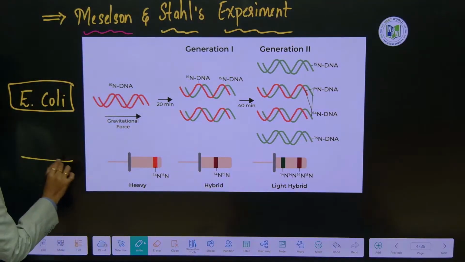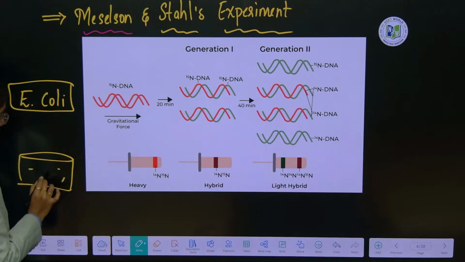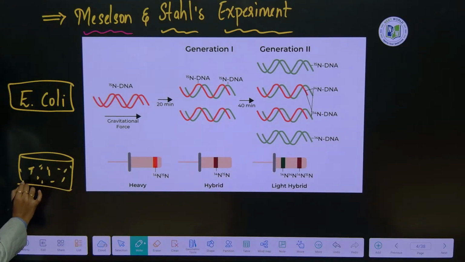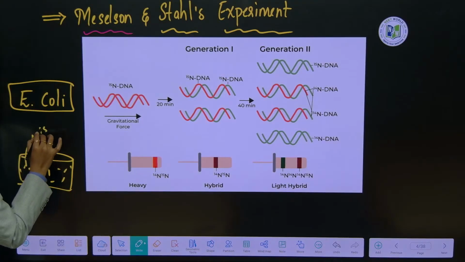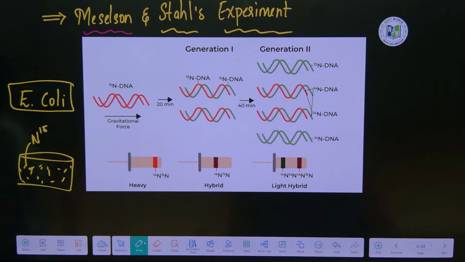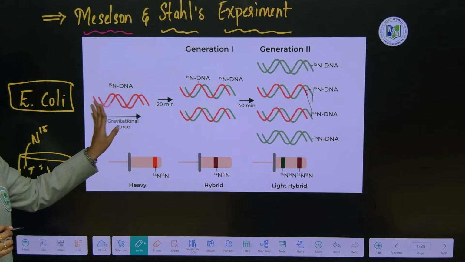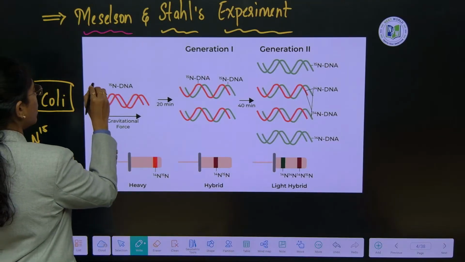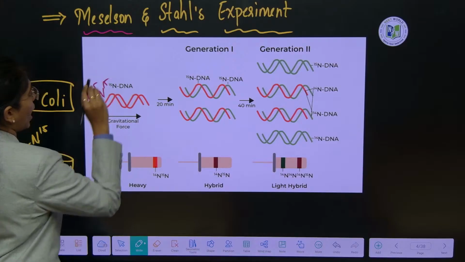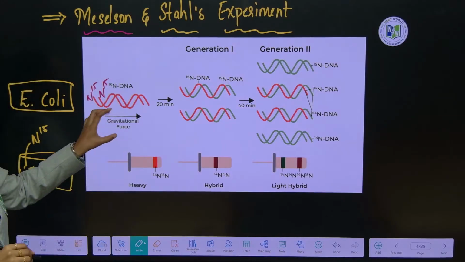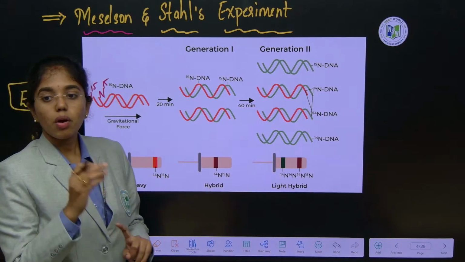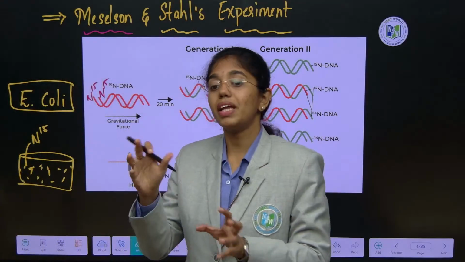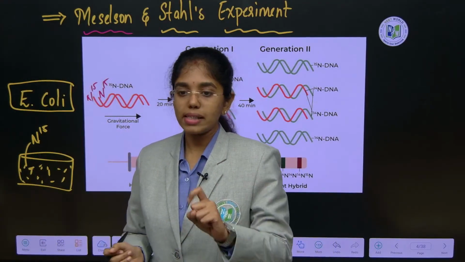When the bacteria is cultured in N15 medium, the DNA will have N15 isotope. Now, one generation time means one DNA replication time in E. coli.